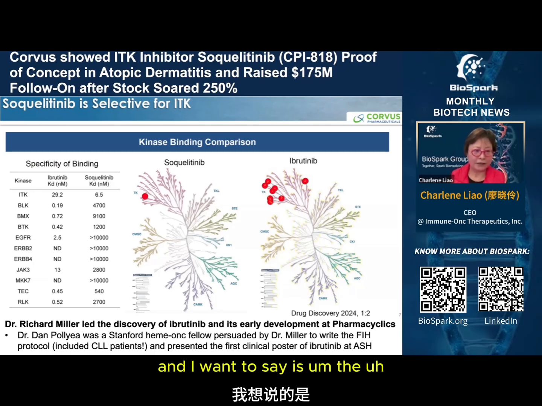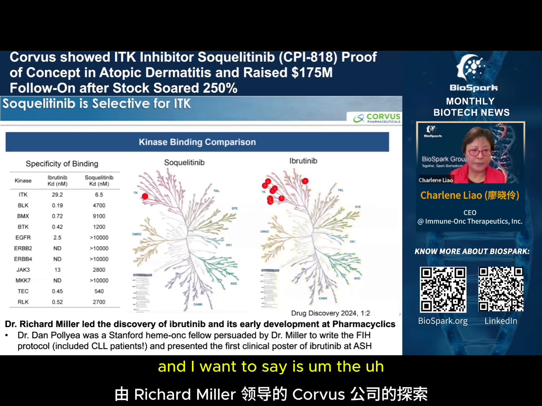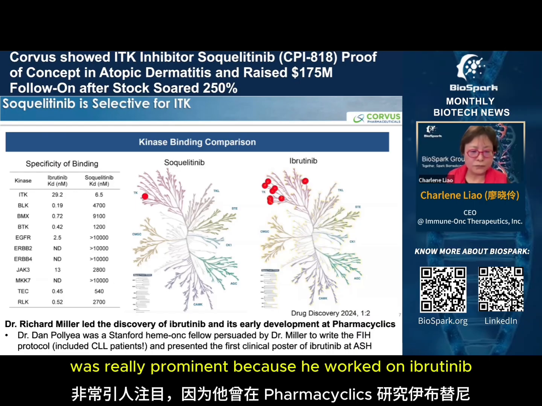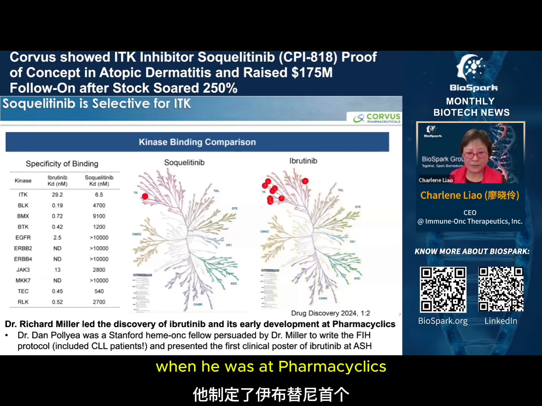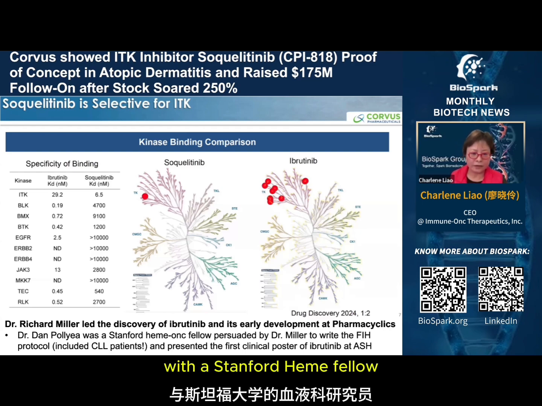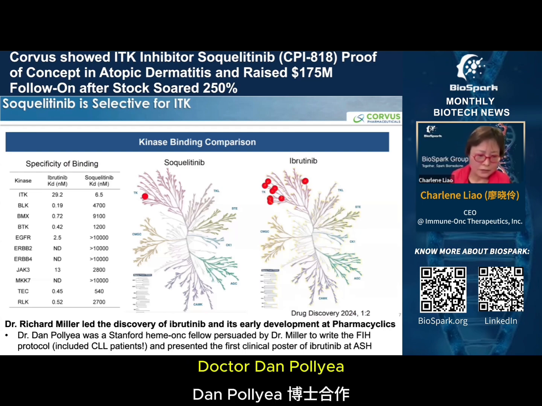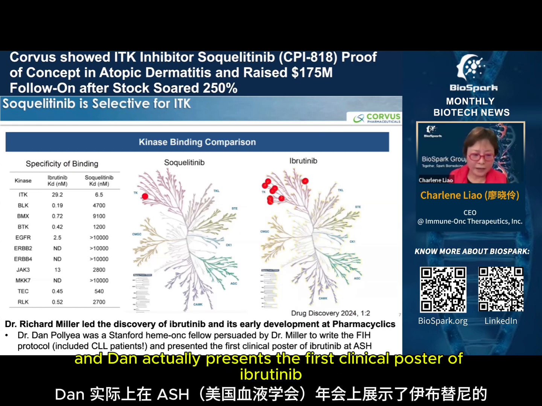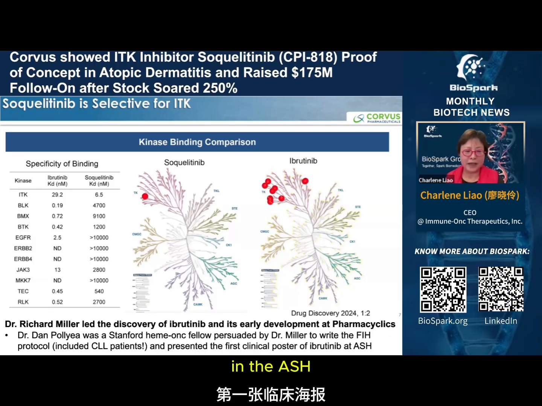And I want to say the pursuit by Corvus, led by Richard Miller, was really prominent because he worked on ibrutinib when he was at Pharmacyclics. He developed the first protocol for the first-in-human trial of ibrutinib with Stanford Hem-Onc fellow Dr. Dan Pollyea, and Dan actually presented the first clinical poster of ibrutinib at ASH.